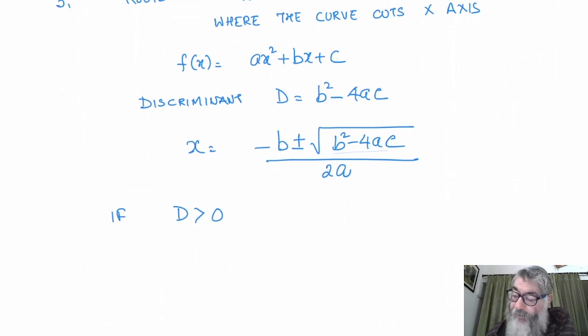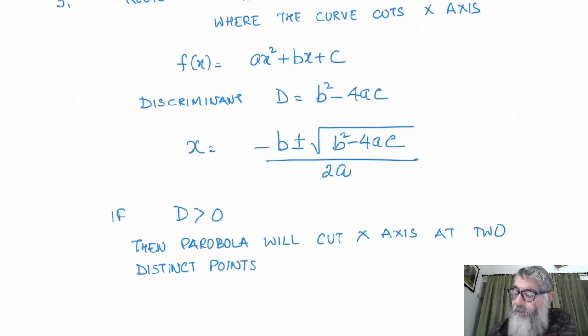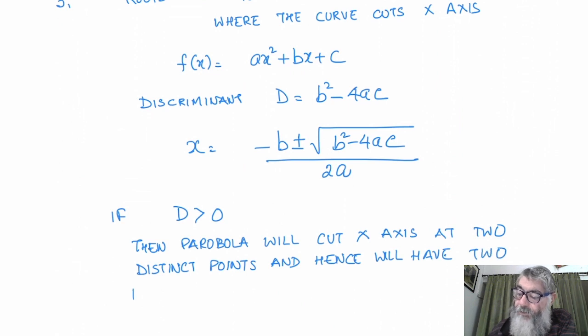If D is greater than 0, then the parabola will cut the x-axis at two distinct points, and hence will have two distinct roots. They are not going to be the same roots. They are going to be distinct roots.